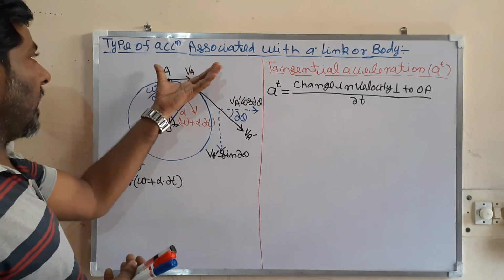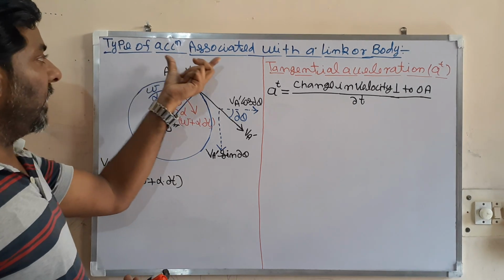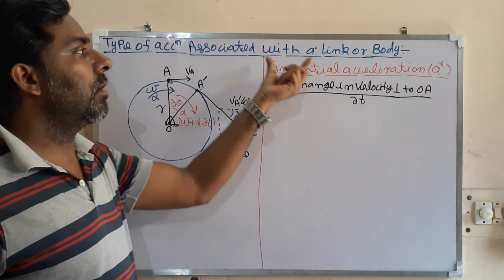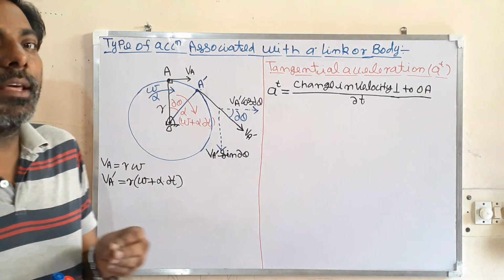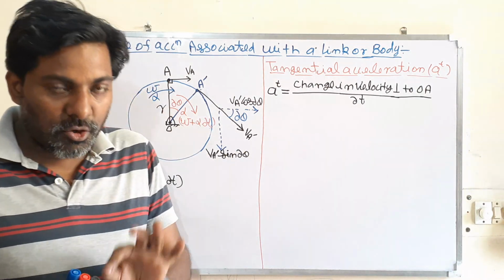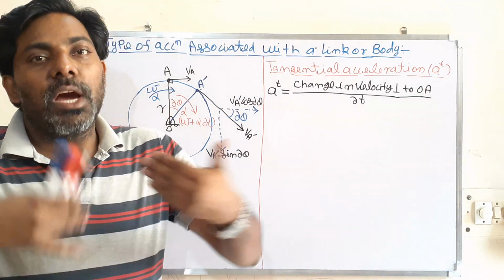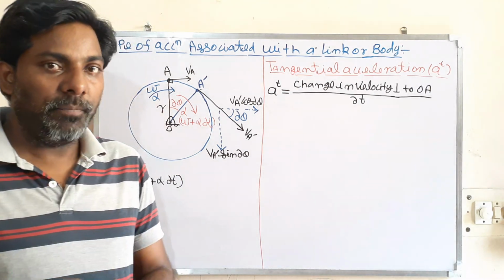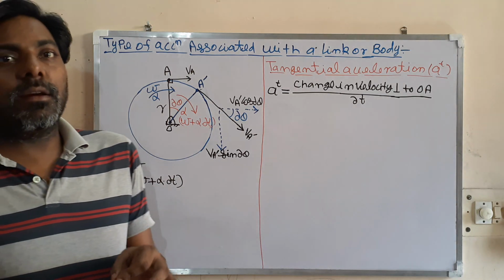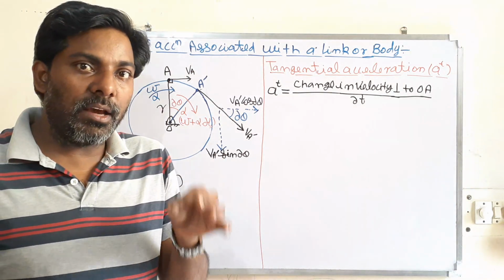So the first thing is the type of acceleration associated with a link or body. Suppose there is a body or a link that is moving. Which kind of acceleration is associated with that link or body?